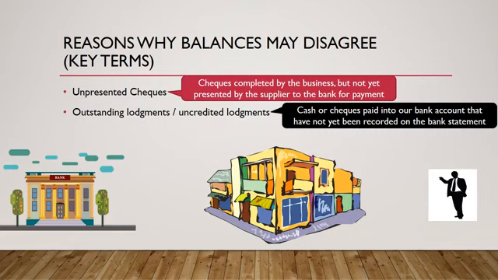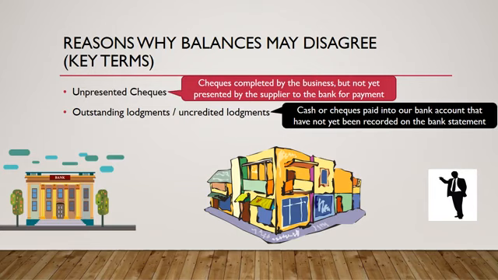We also have outstanding lodgements or uncredited lodgements. By outstanding lodgements, what I mean is we may have received a check. This time it's us, the business, receiving the check.